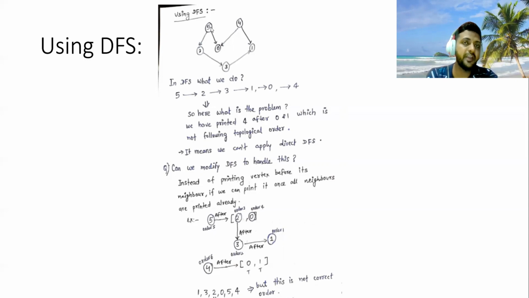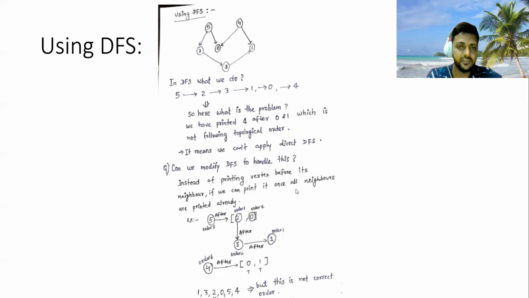Instead of printing 5 before 2 and 0, we will say, I will print any node once all of its neighbors are visited already. So you will print 5 once 2 and 0 are already visited. You will print 4 when 0 and 1 are already visited. You will print 2 when 3 is already visited. You will print 3 when 1 is already visited. So instead of printing before, you need to print it after.